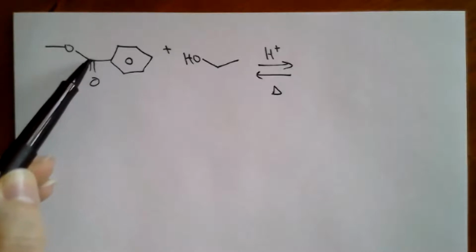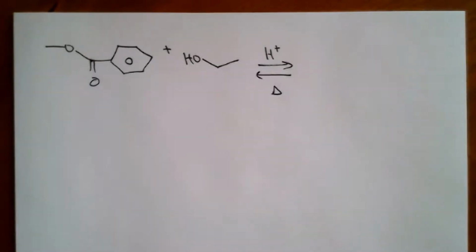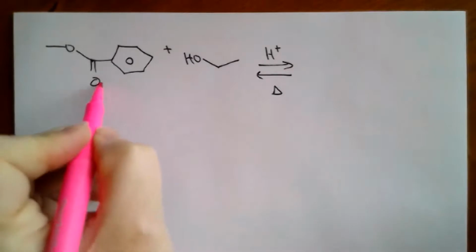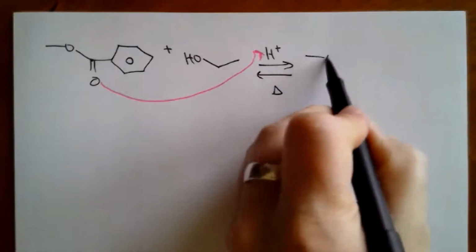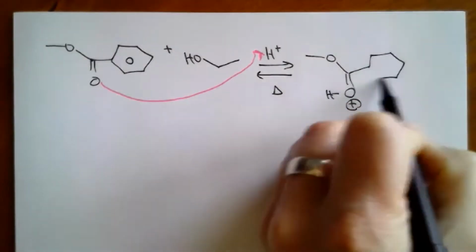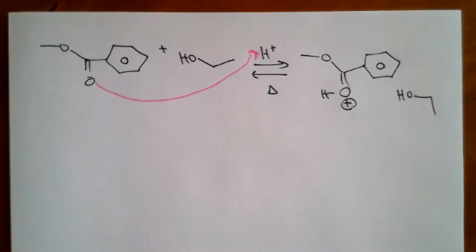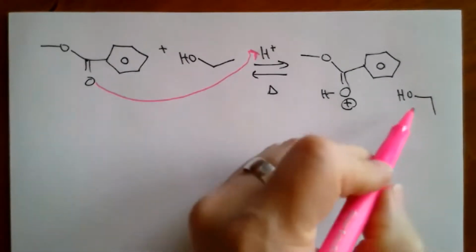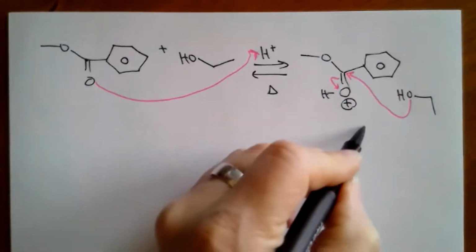This carbon needs to become more partially positive in order to be attacked. And so what we do is we protonate that carbonyl oxygen. Because protonating that carbonyl oxygen causes that carbon to have more partial positive character, making it more susceptible to attack at the carbonyl carbon, like that.